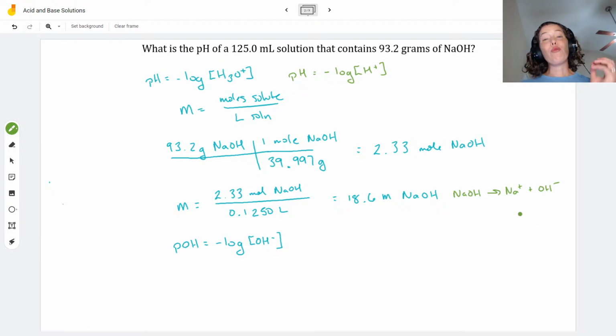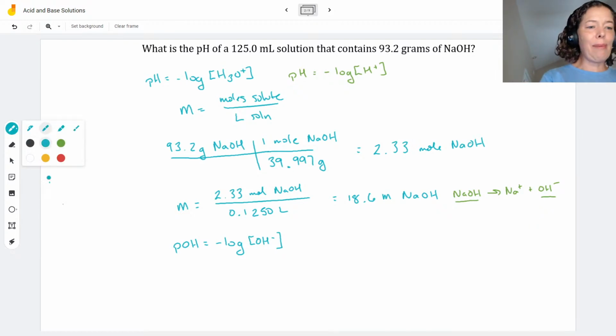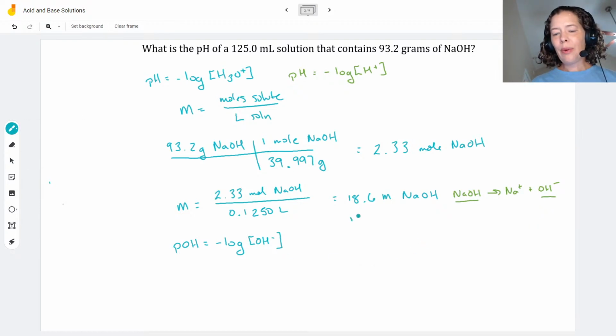Now, the great thing about sodium hydroxide is your mole ratio from sodium hydroxide to hydroxide is 1:1. So that means this 18.6 molarity for my sodium hydroxide is the concentration of my hydroxide. It is the same thing. So I am going to say 18.6, this is molarity of hydroxide anion.